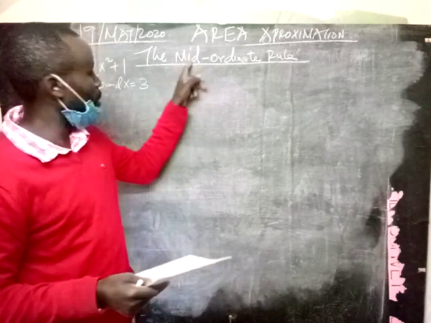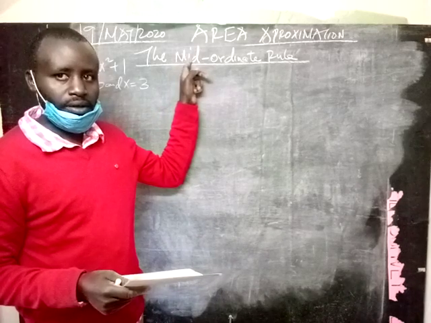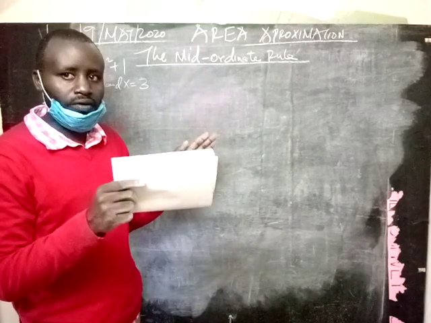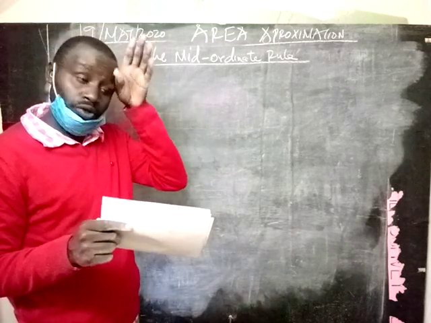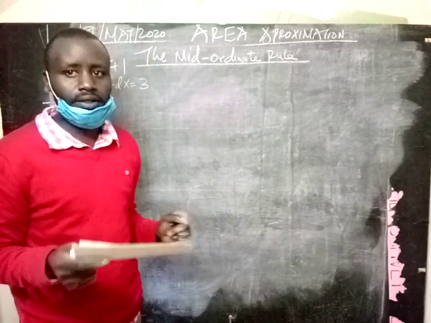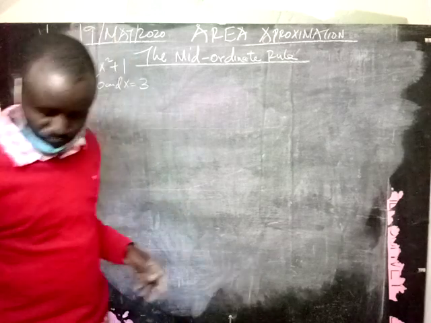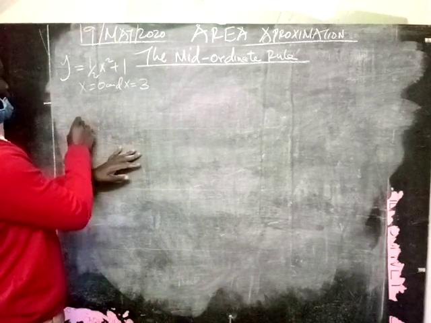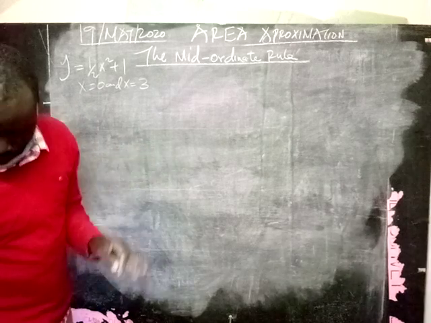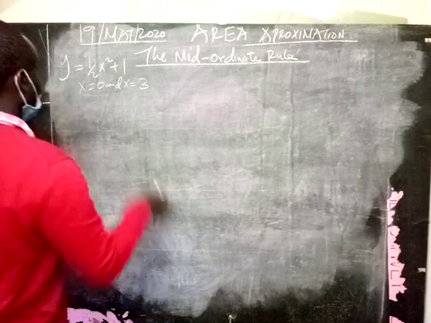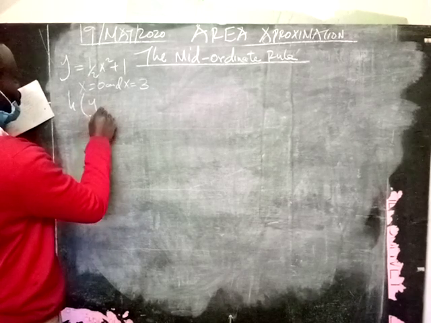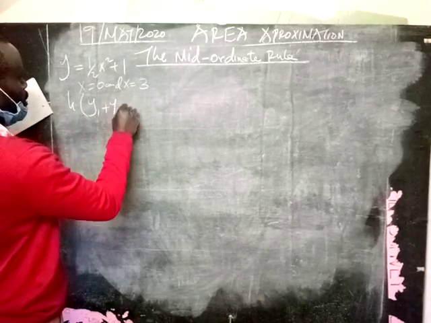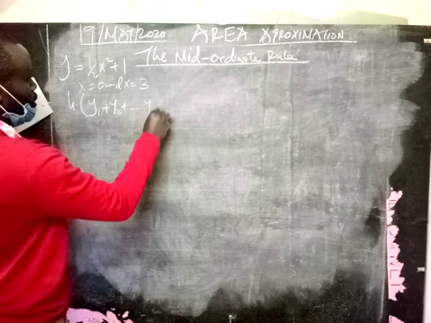And for the word mid, it is in the mid of the ordinates. So we are going to find the mid ordinates. So for this case, we also have h. We have our formula as h equals to y1 plus y2 plus all the way to y n minus 1.